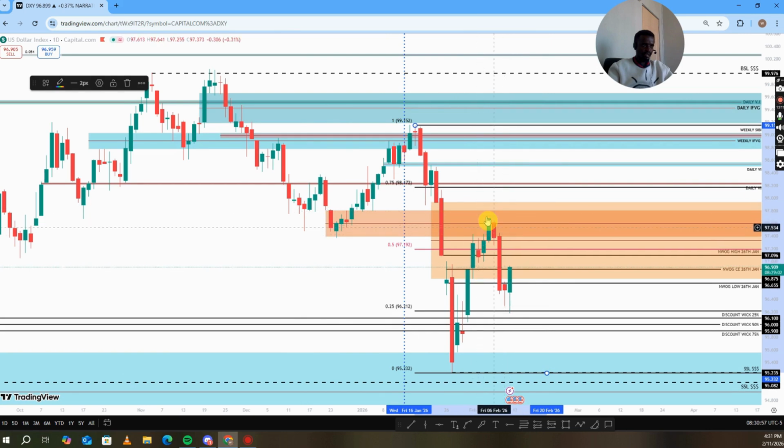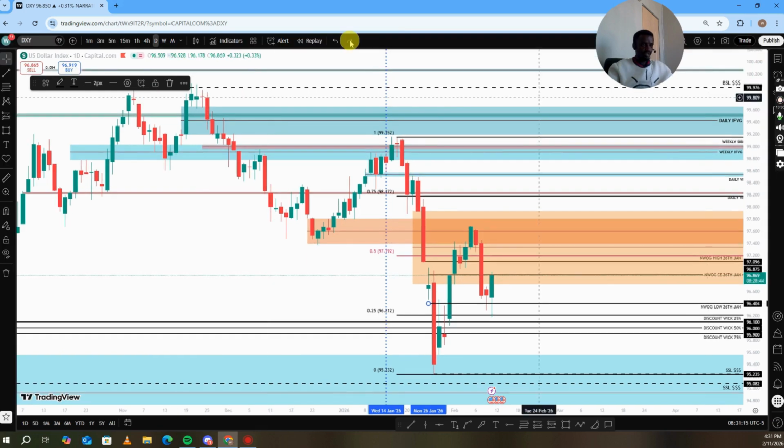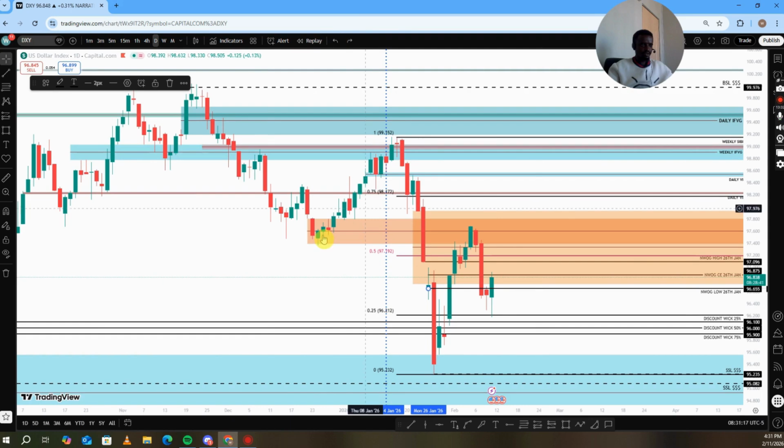As you can see, there was this imbalance and this breaker as well, and once price breached the equilibrium and entered the premium levels and found these arrays here, we saw a nice turnaround there that proved that we are still bearish in dollar.